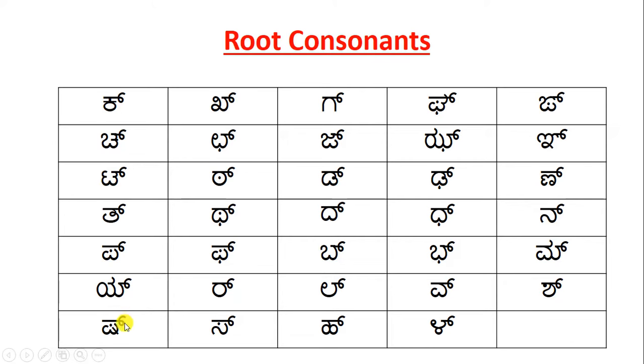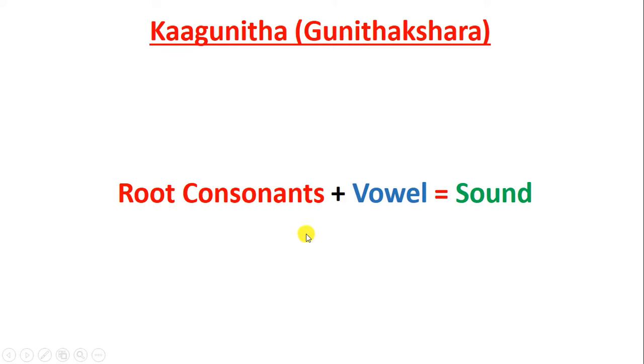In the Kannada language, when we add a vowel, which we had learnt in the previous video, to a root consonant, we get a sound. So we add a root consonant to a vowel or a vowel to a root consonant to get a sound.